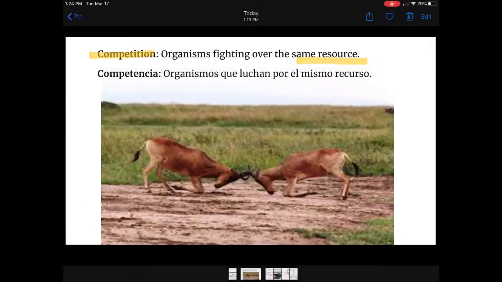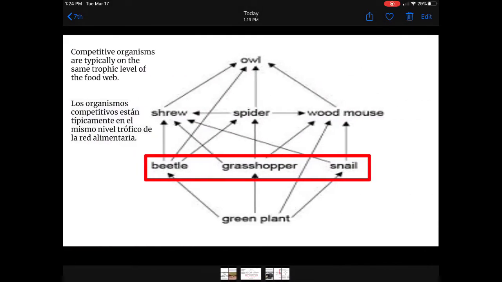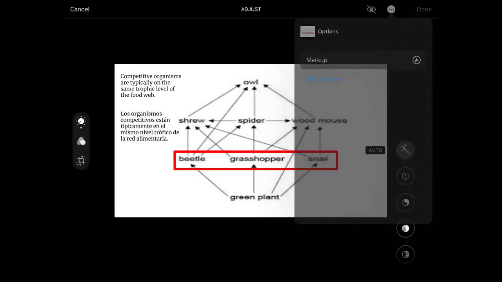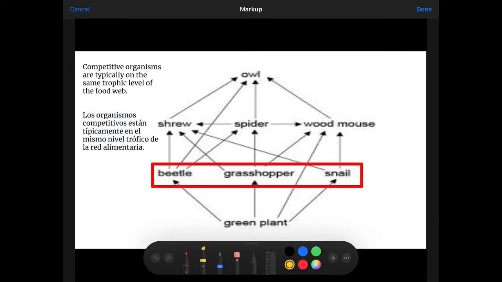Now, when we look at a food web, animals that are competing for something are typically on the same trophic level. So this right here is called a trophic level, and I apologize if you can hear my stylus tapping on the iPad screen. You would see this would be level 1, level 2, level 3, and level 4.